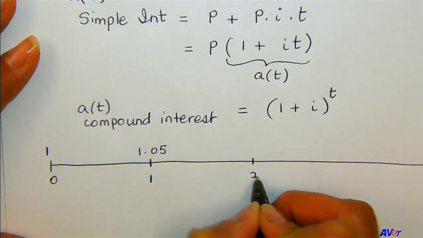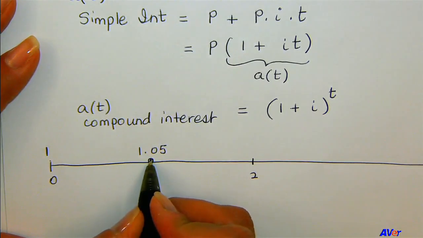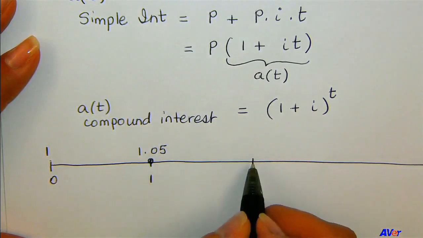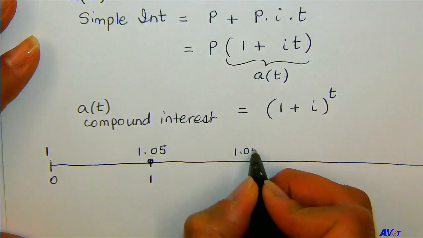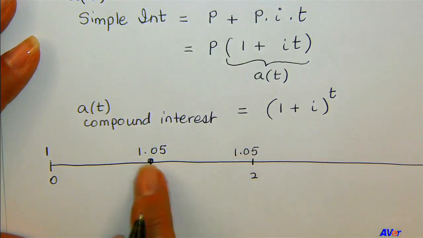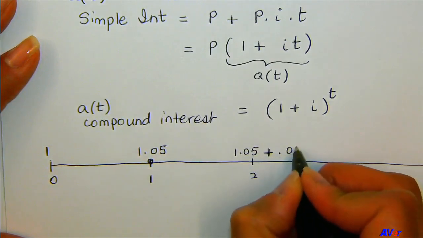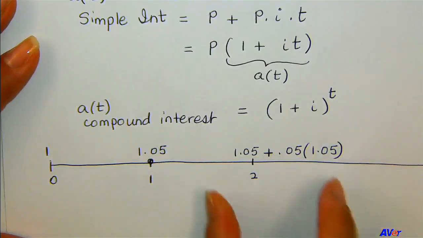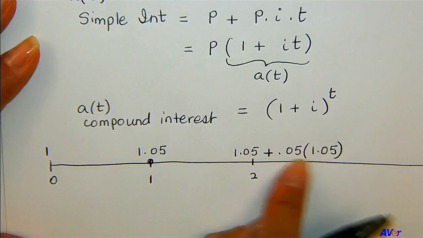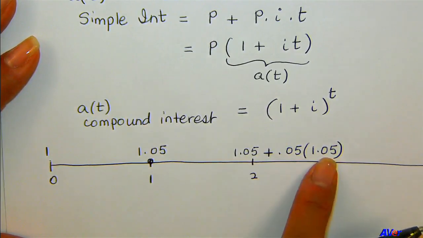At time 2, I would have this 1.05 from time 1 now growing at an interest rate of 5%. So couldn't I say this is 1.05 itself, plus 5% on that amount? This is the interest for the second year on 1.05.